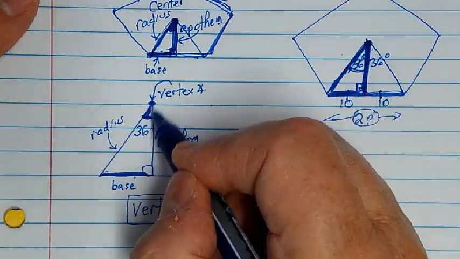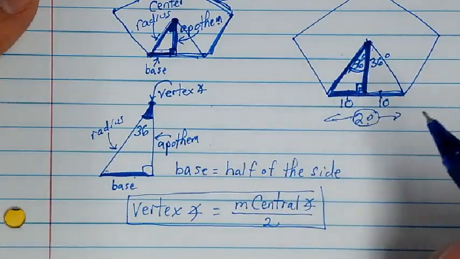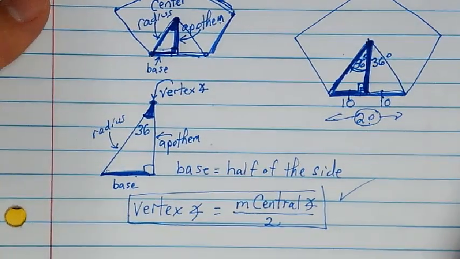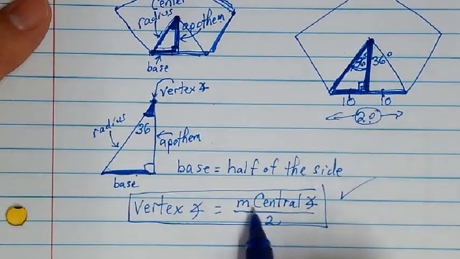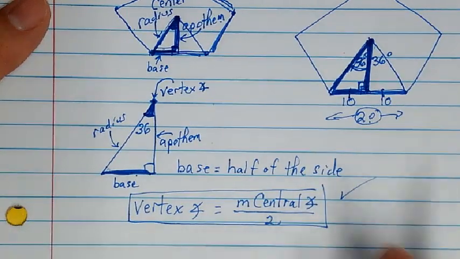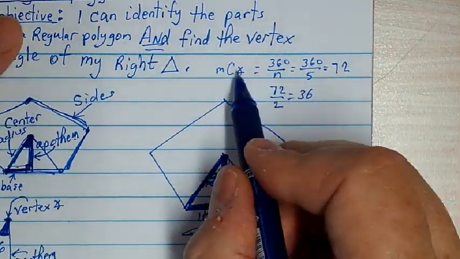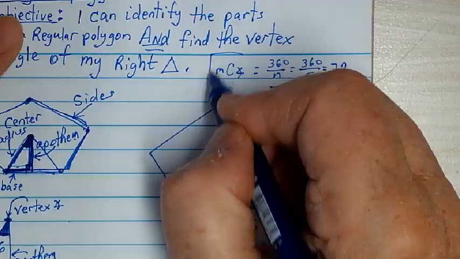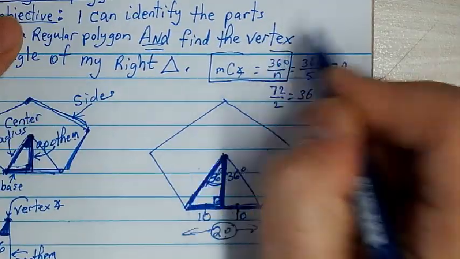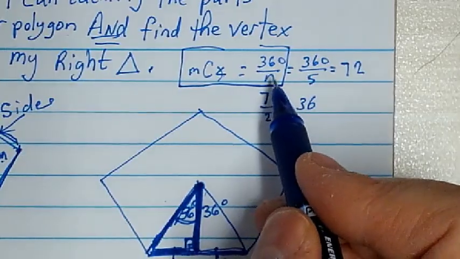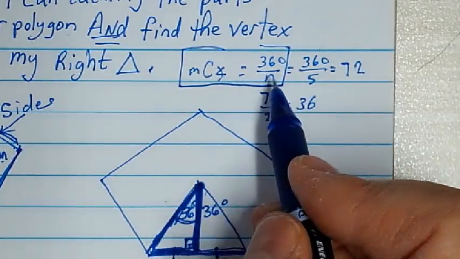And I'm going to need you to be able to find the vertex angle. If you can do that, you're set. Okay? So you find the measure of the central angle divided by 2. And remember, the measure of the central angle is 360 divided by n, where n is the number of sides. Okay, I hope that helps.